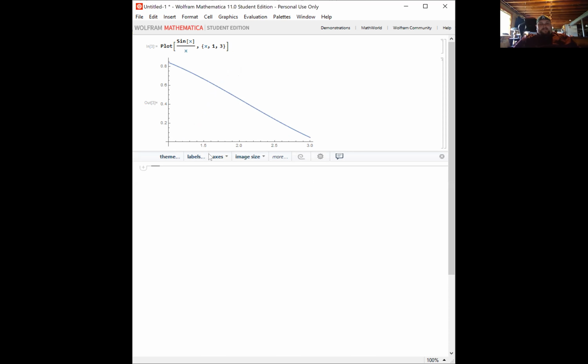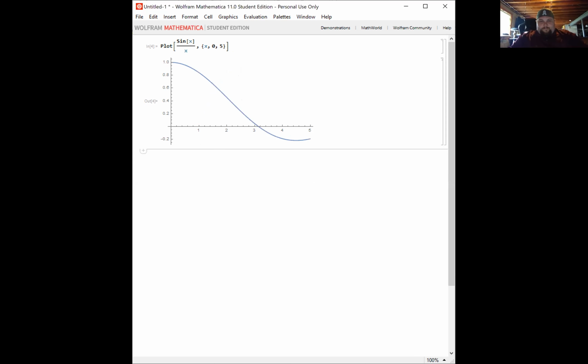Mathematica automatically does that for you, so it almost looks like a straight line, right? But if we zoom back out again, from 1 to 3, it is obviously not straight. Looks pretty close, but not straight. So that is the area, right, from here over to here that we're trying to calculate.